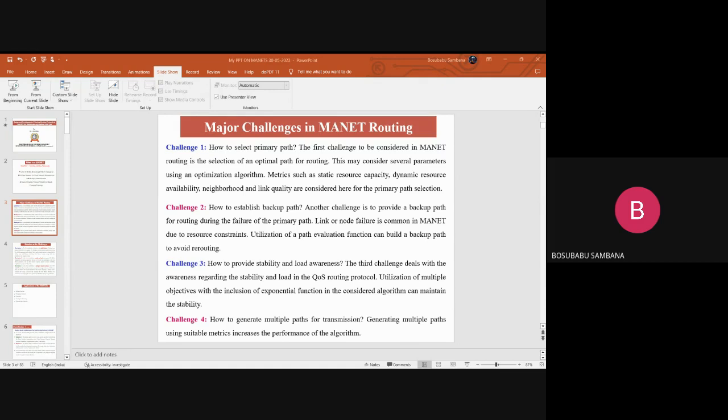And in this case, time complexity and space complexity are also required for the transmission. And more, the genetic algorithm is used here to provide a sustainable stable path by modifying its fitness functions.